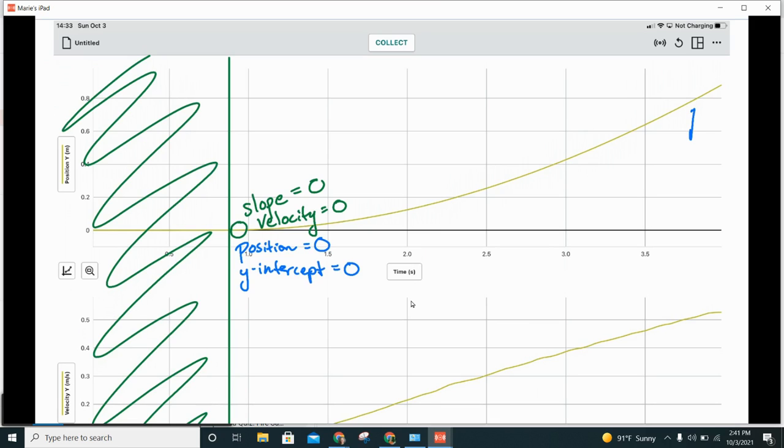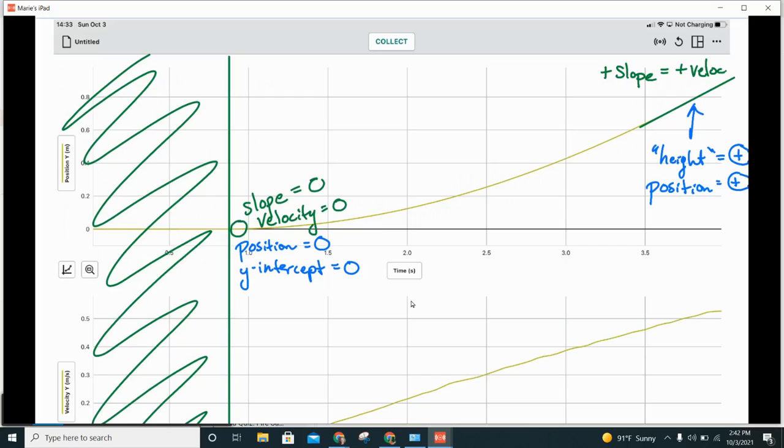And then at the end, I know that I have a positive position because the height of this is positive, and that means that my position is a positive position. But in terms of my velocities or my slopes, I know that this is a positive slope because it's going uphill.